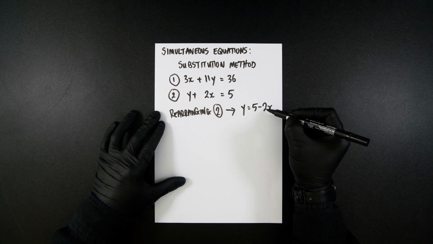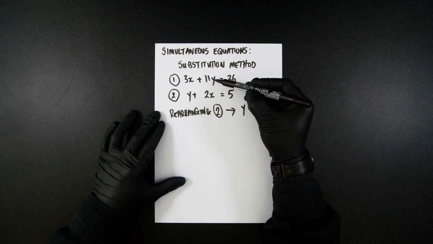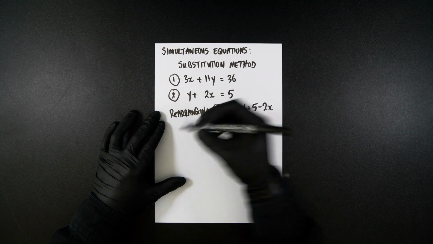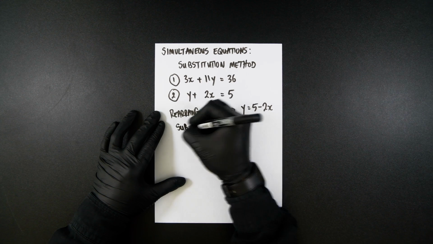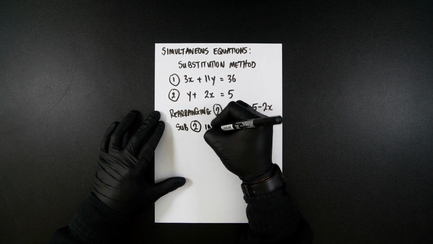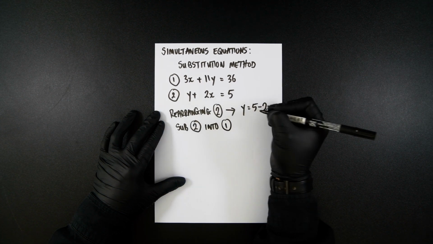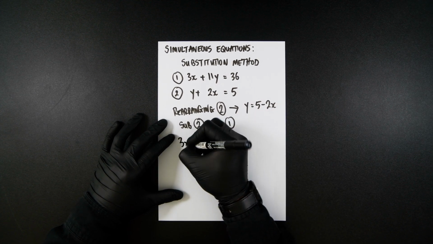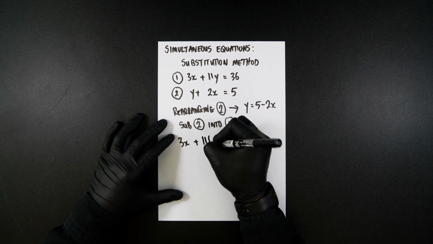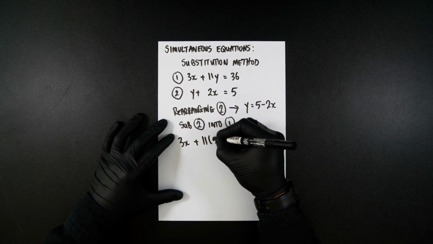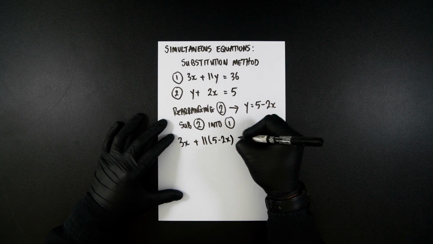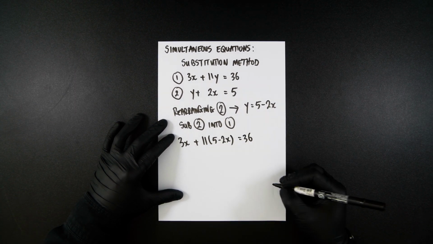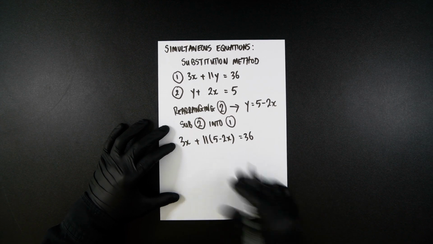This value of y is the same as the value of y here. So we can now substitute 2 into 1. So 3x plus 11 brackets 5 minus 2x will equal 36. We can now expand the brackets here.